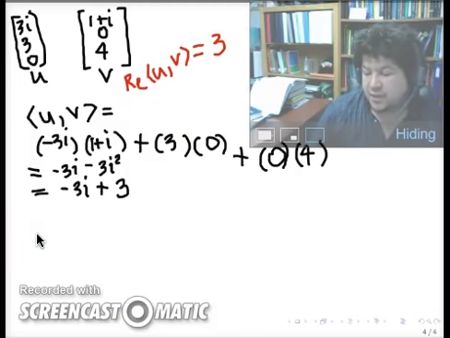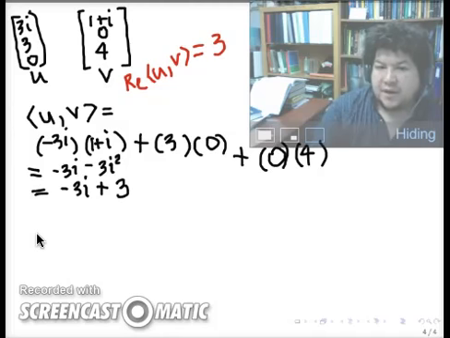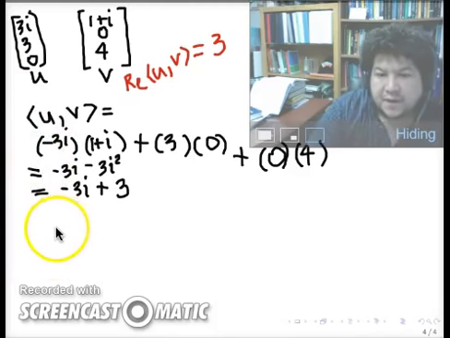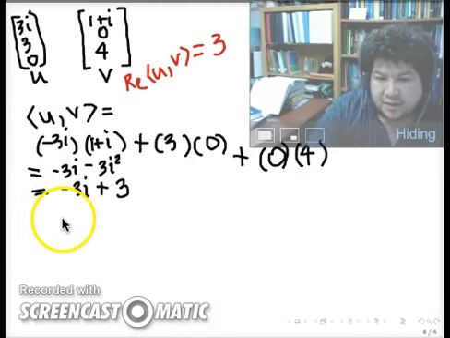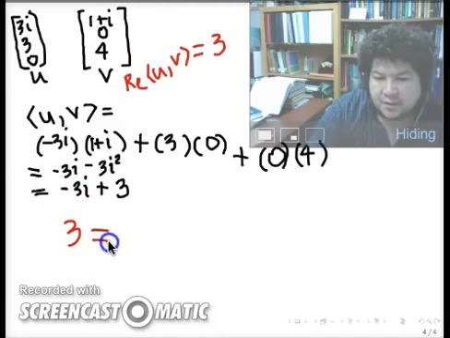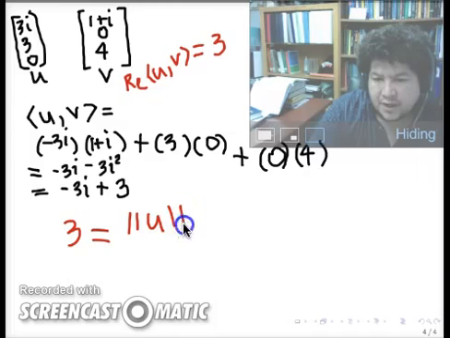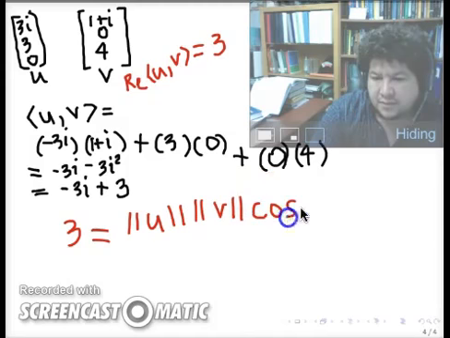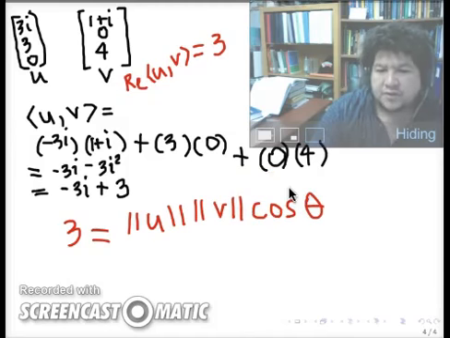Now we can write the formula that we know. We're interested in writing the real part of the inner product, which in this case is 3, equals the norm of the vector u times the norm of the vector v times the cosine of the angle between these two vectors.